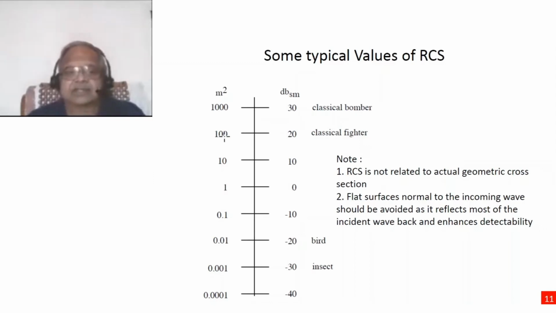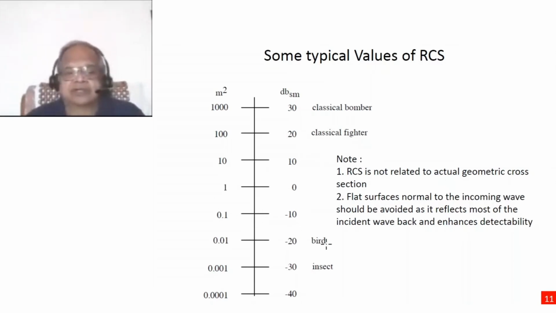radar cross section, and of course now slowly that's been reduced, and as I said earlier, flat surfaces in the incoming wave should be avoided and all that kind of thing. Now, most of the modern aircraft, like Tejas or Rafale, have a radar cross section of 1 meter squared or even less than that. So less than a meter is what we are aiming at now.